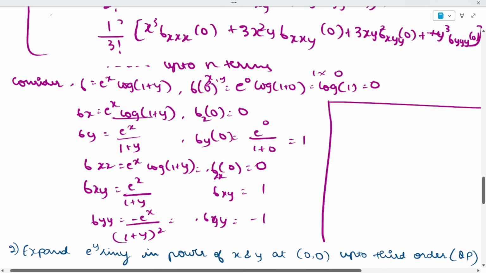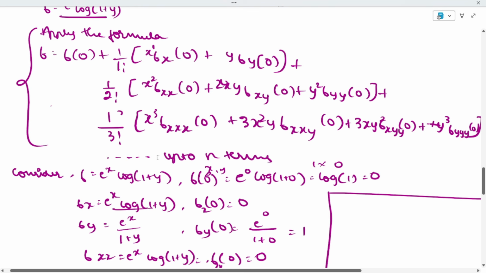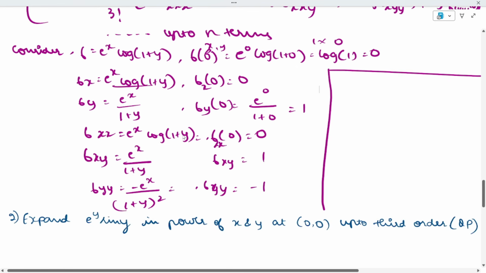Now you have to use the Maclaurin series. You found out all the values for the functions. By Maclaurin series you have to substitute. I hope you saw this formula. In the place of this you have to substitute the values.